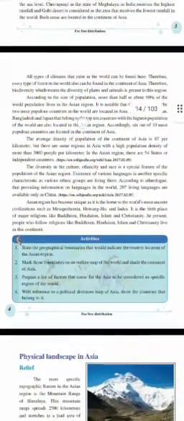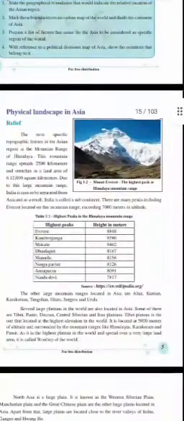Now let's talk about the physical landscape in Asia. The Asian landscape can be divided into two parts: physical landscape and human landscape.